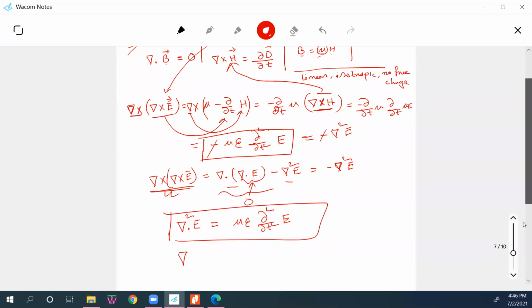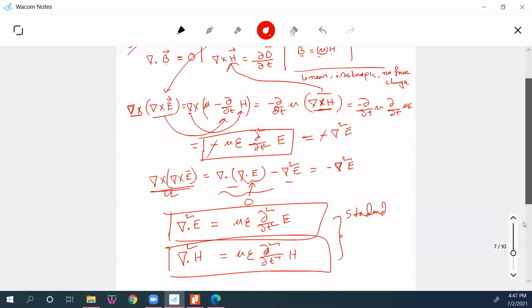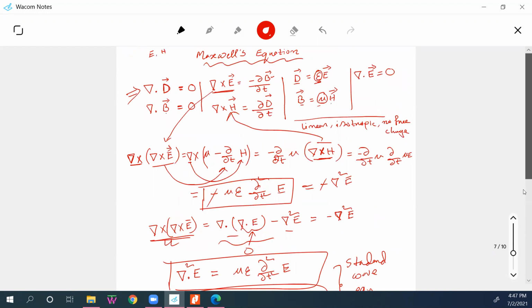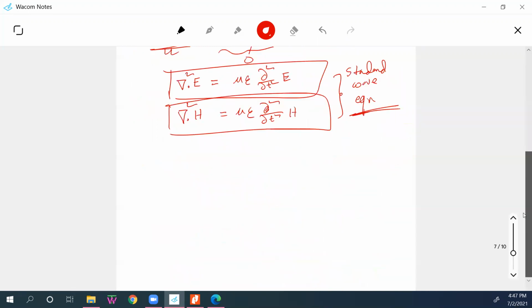We can write the same thing for the magnetic field: mu psi. I'm not deriving this, but it will come to the same thing for H. So these two formulas together are called the standard wave equation. From this formula, you can apply it to a waveguide.